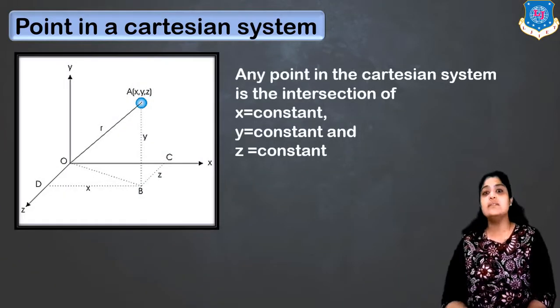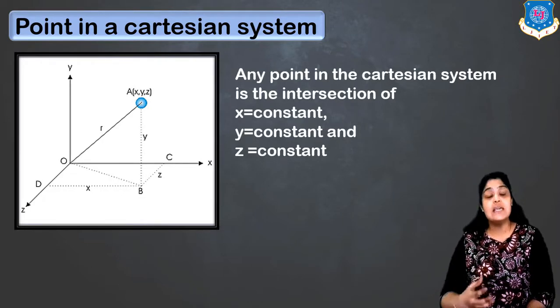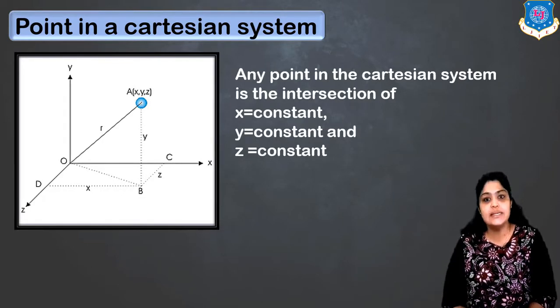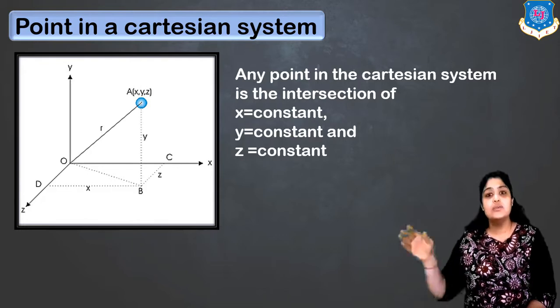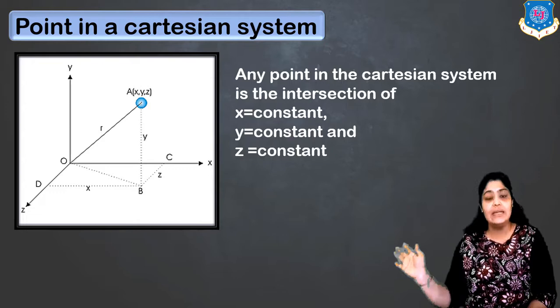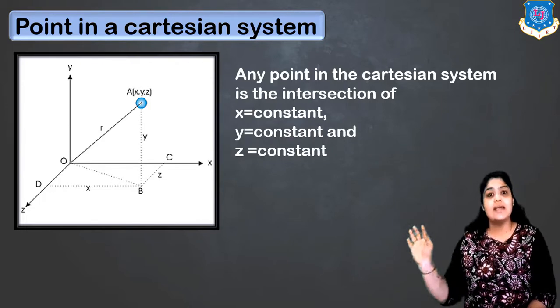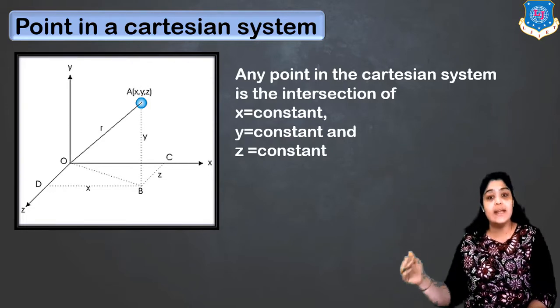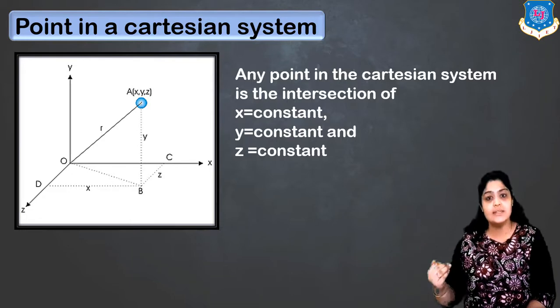The first thing we'll start with is how a point is represented in a Cartesian system. You can see that there are three axes, x, y and z, and there is a point A shown here, that is x, y and z. x is the x coordinate, that means the distance of the point from the x axis.